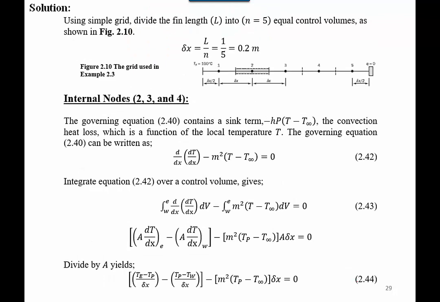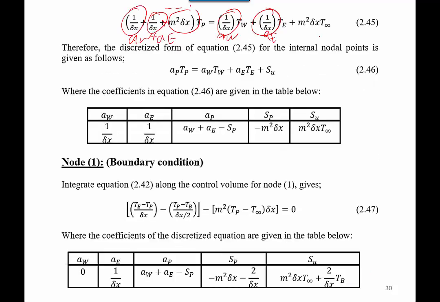When you open the brackets of equation 244, you will end with equation 245. Therefore the parameters of this equation 245 are given in this table, and the general discretization form of equation 245 for the internal nodes is given in equation 246.